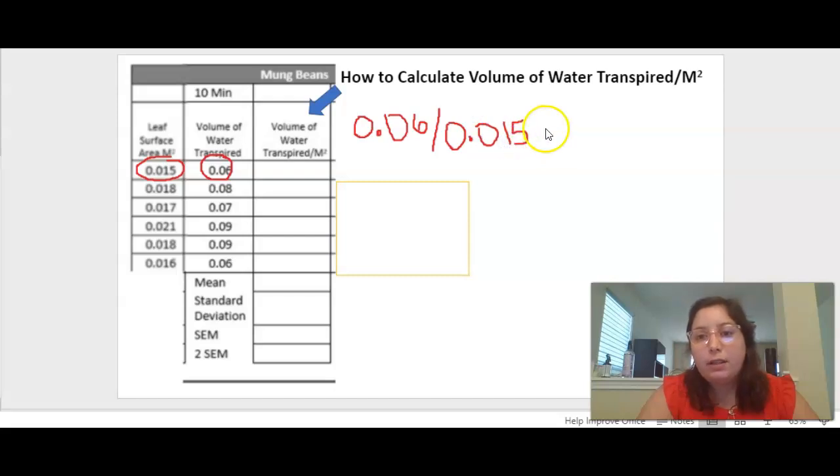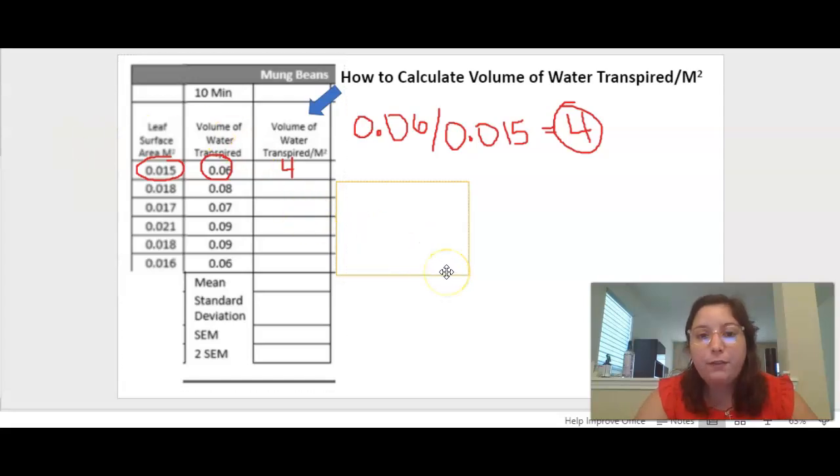And when we do that in the calculator, our answer is going to be 4. So you're going to take this answer that you just got, and that is going to be the answer that we're going to write into that first area of your chart.